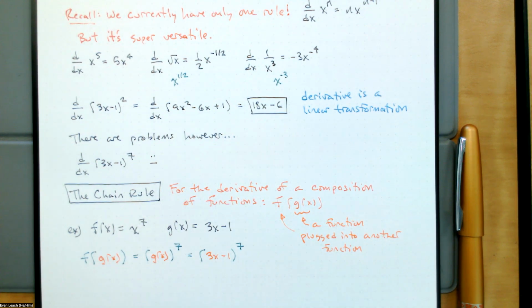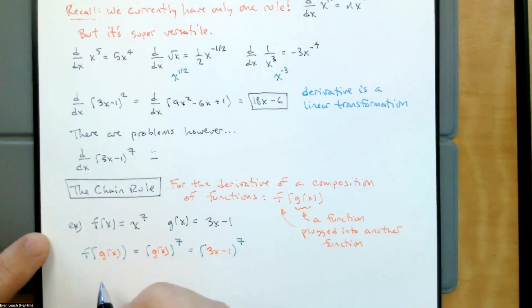So in this case, the 7th power of the difference of 3x and 1 is a composition where 3x minus 1 got plugged into x to the 7th. G of x is 3x minus 1, says whatever's in the parentheses, do 3 times that, then subtract 1.